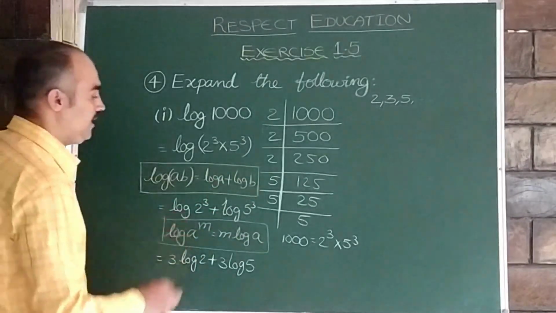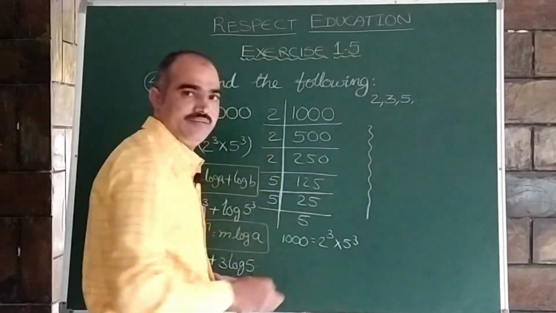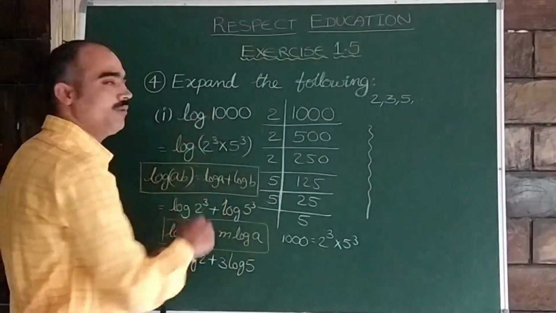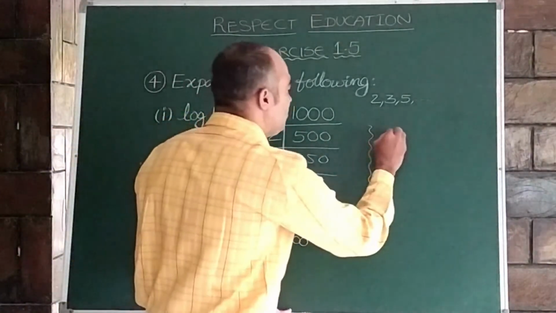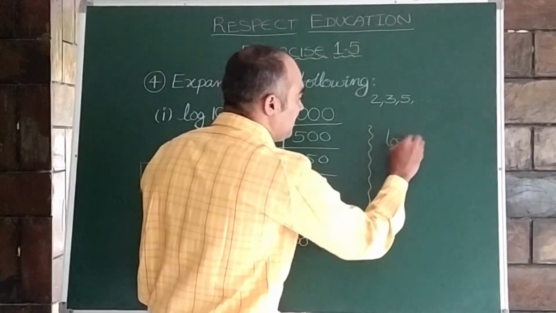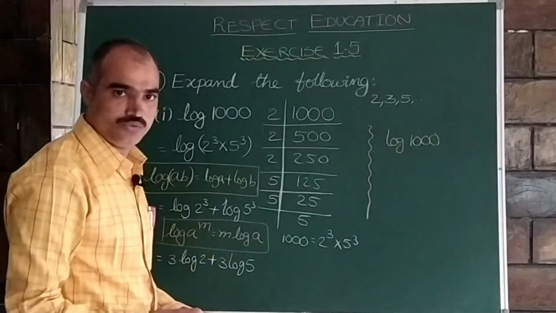And here I would like to tell you a small thing. Some of the children, they may be confused with this problem and they may solve in another way. So let us see that one also. So the given question is log 1000.